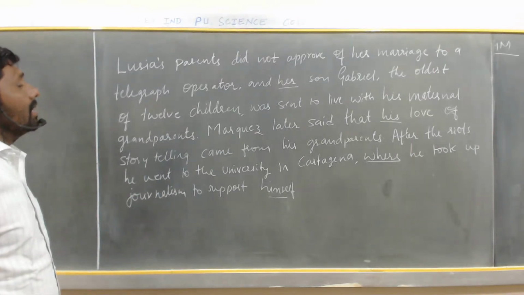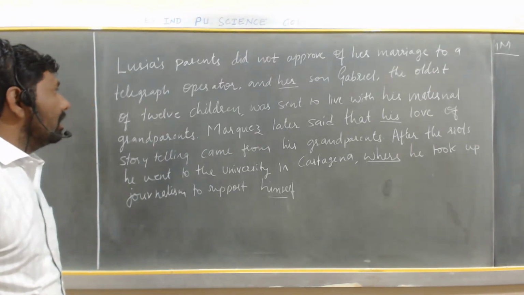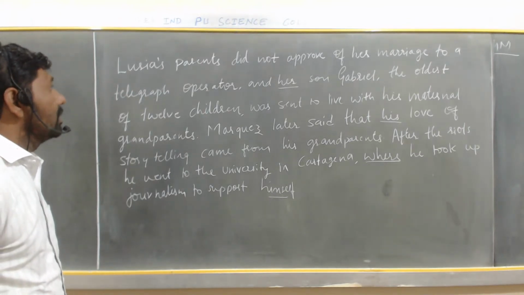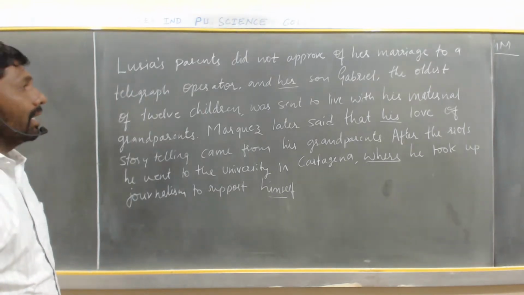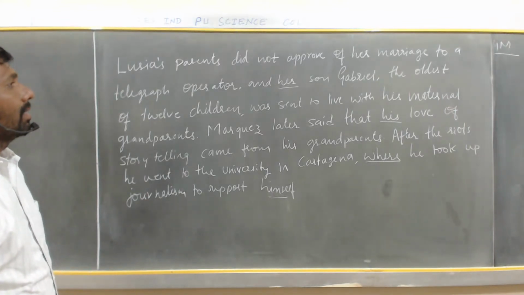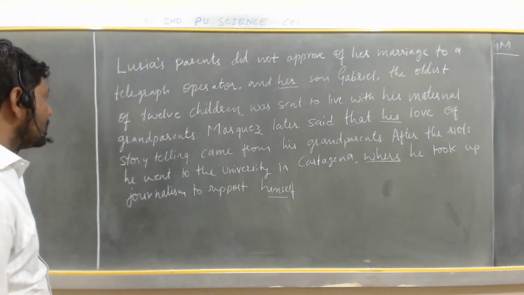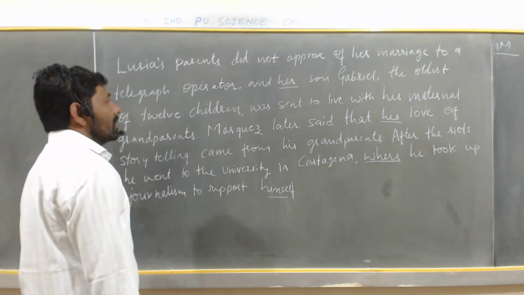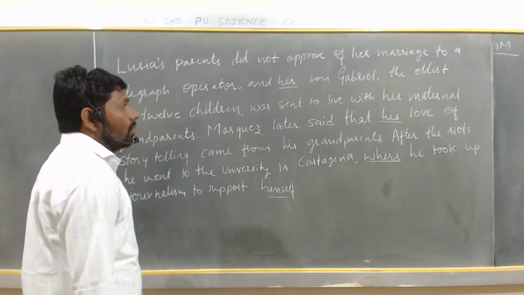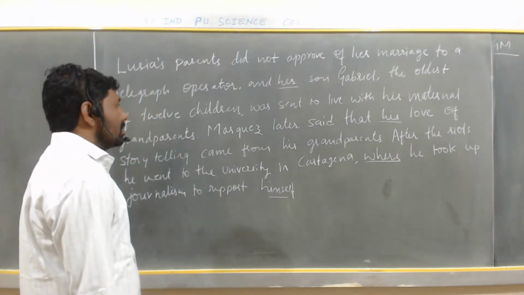Lucia's parents did not approve of her marriage to a telegraph operator, and her son Gabriel, the oldest of the 12 children, was sent to live with his maternal grandparents.